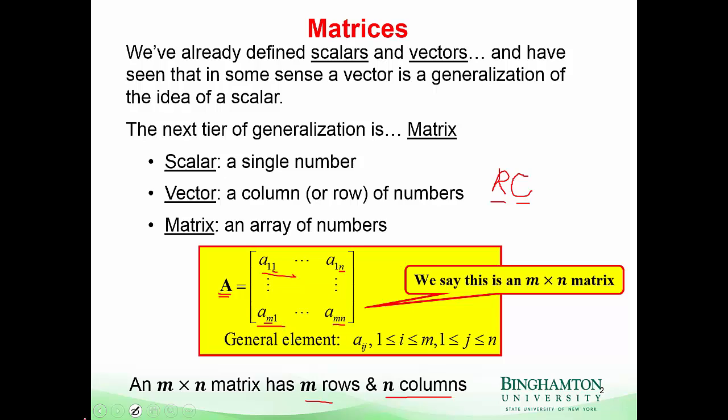So when we see m by n, again, remember Roman Catholic, we have m rows, n columns. And we'll often write things like this: a sub ij, and then tell you the range that i and j can take. So i goes from 1 up to m, and j goes from 1 up to n.